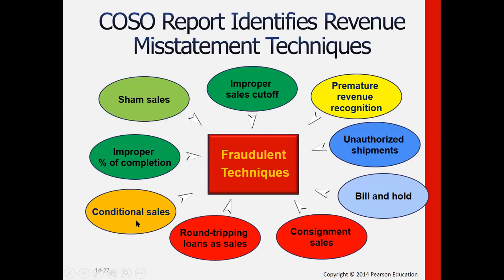Conditional sales, since there are sales which are subject to condition, and if that is still not satisfied, of course the sale would not be reflected yet as revenue. Then round-trip loans as sales, there are certain loans that are being made and are reflected as sales, which is quite ironic because loans are liabilities and sales are revenues.